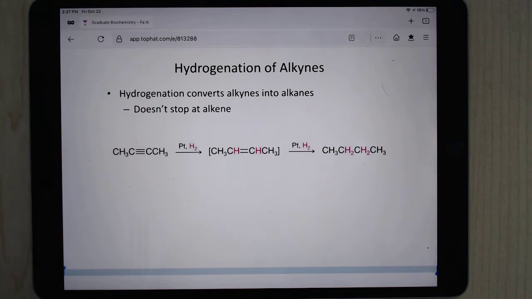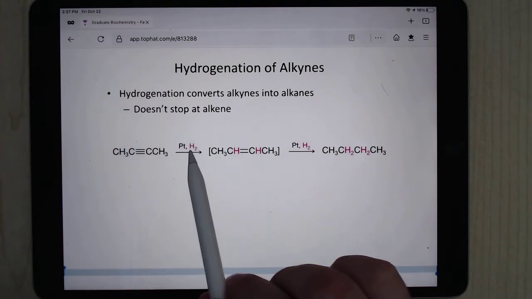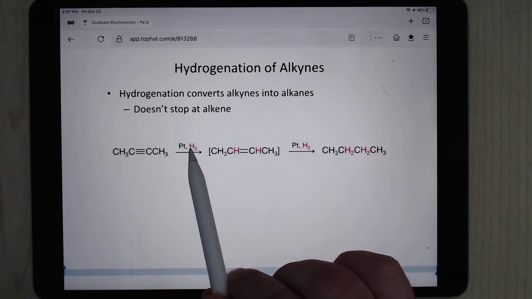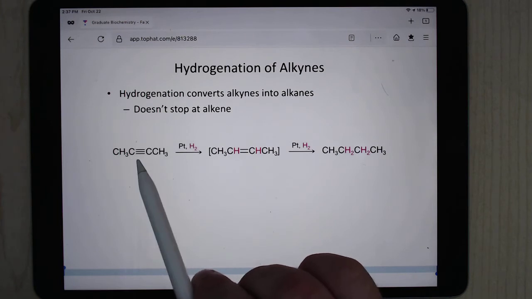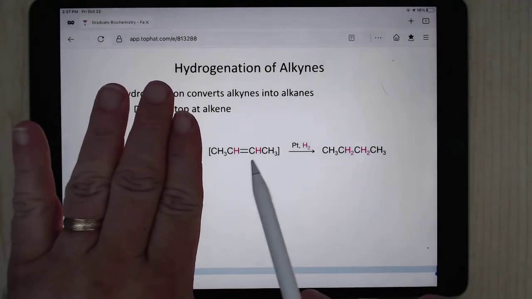Now, if we were to come in here and hydrogenate, this is where we're adding an H2 across the carbon-carbon pi bond here. We learned about this one with alkenes.